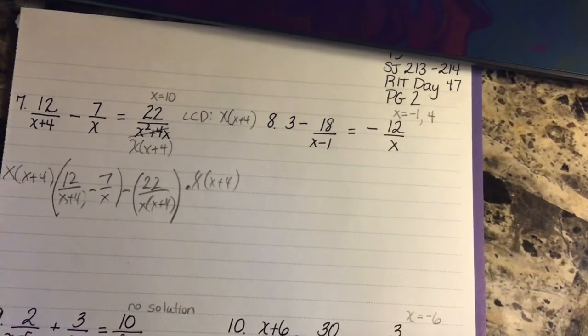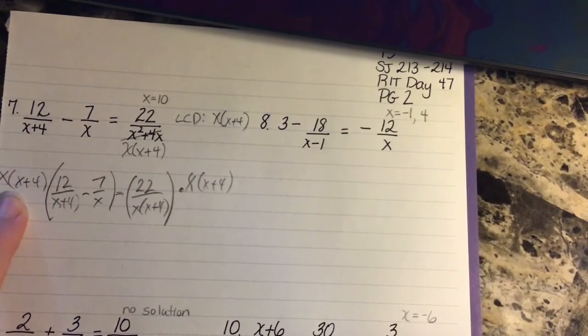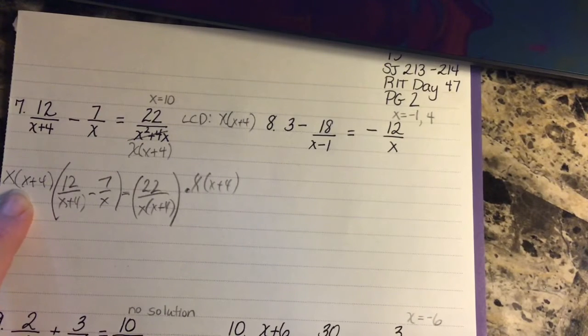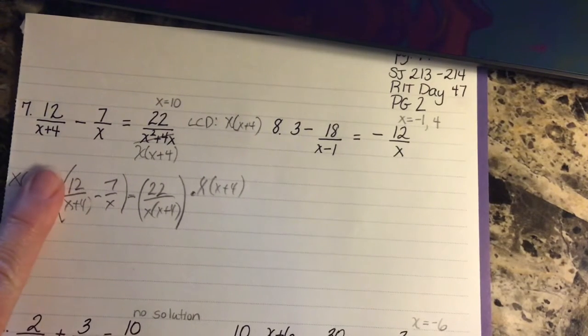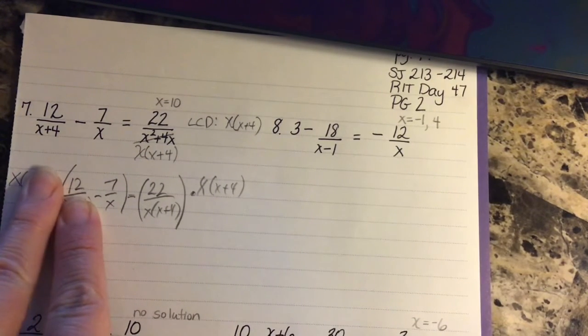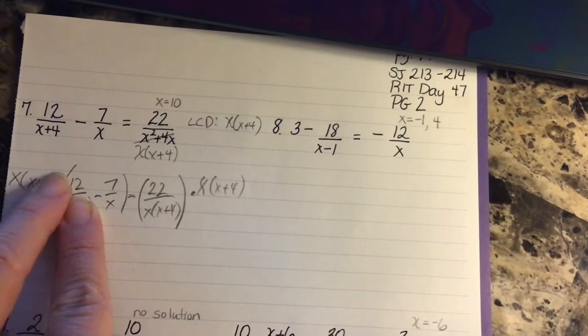Now, like I said on the last problem, I'm not going to write that exactly out the way I did with number 6. I want you to look at these two terms being multiplied, and you're going to multiply them with this fraction. Can you reduce? Yes. You can get rid of the x plus 4s, and you're left with x times 12.